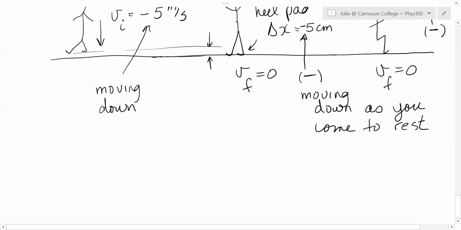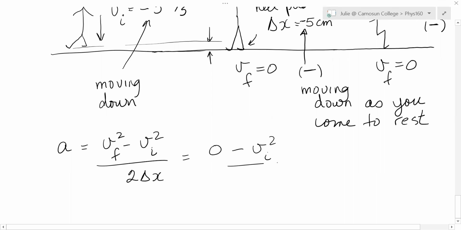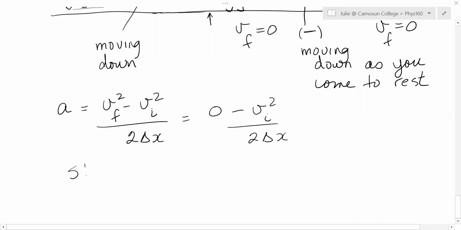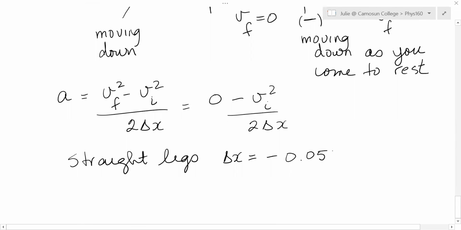So let's see what your acceleration is in these two cases. So acceleration, we're going to use VF squared minus VI squared over 2 delta x. So this would be 0 minus VI squared over 2 delta x. Okay, so for straight legs, where delta x is negative, what did I say, 5 centimeters, so it's 0.05 meters.